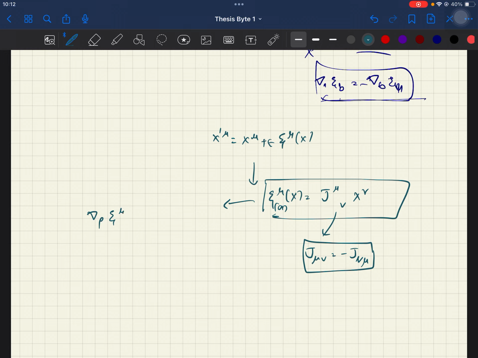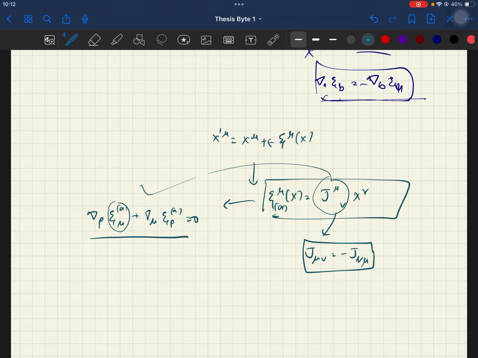Now we know that plus this is 0, right? Now if you substitute these j's and x's, you get some condition here.